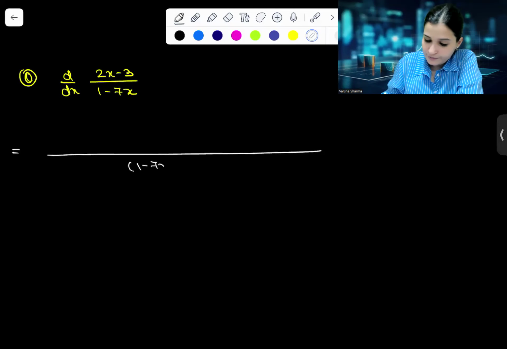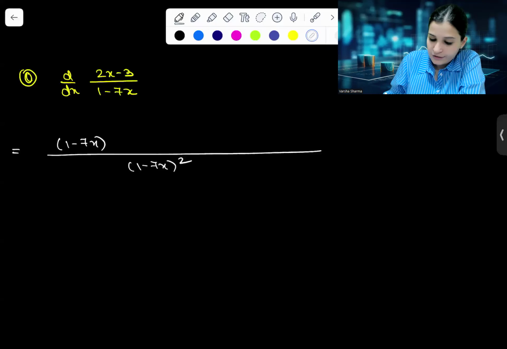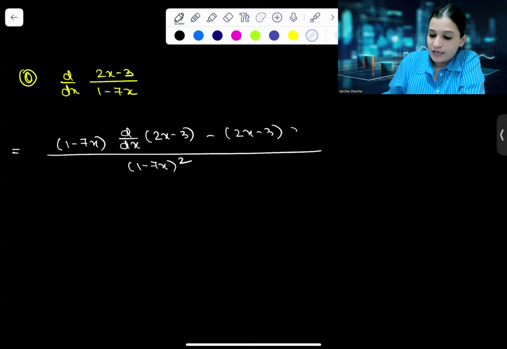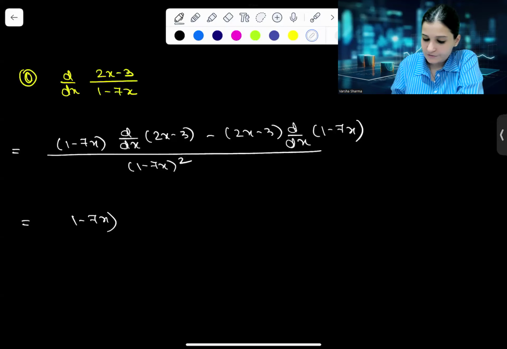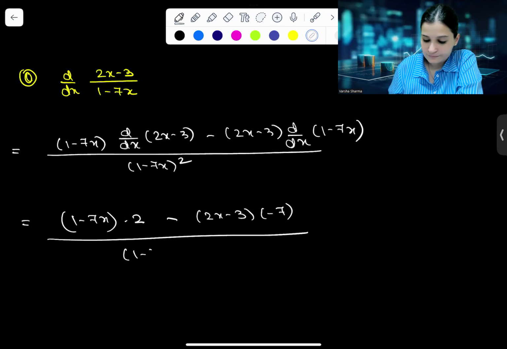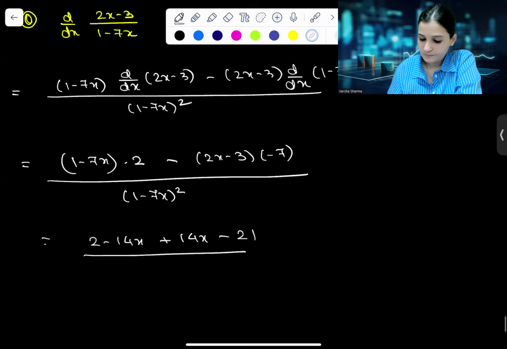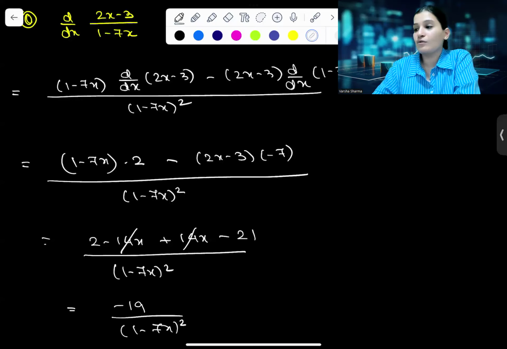So denominator square, we leave the denominator, differentiation of numerator, minus, we will leave the numerator and differentiate the denominator. So 1 minus 7x, differentiation of 2x minus 3 is 2. Then differentiation of 1 minus 7x is minus 7. We'll open the bracket: 2 minus 14x plus 14x minus 21. So final answer minus 19 upon 1 minus 7x whole square.